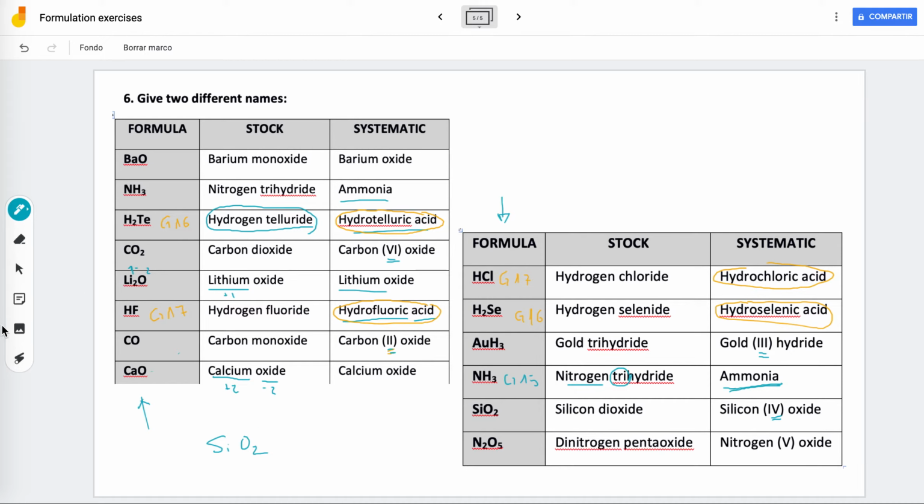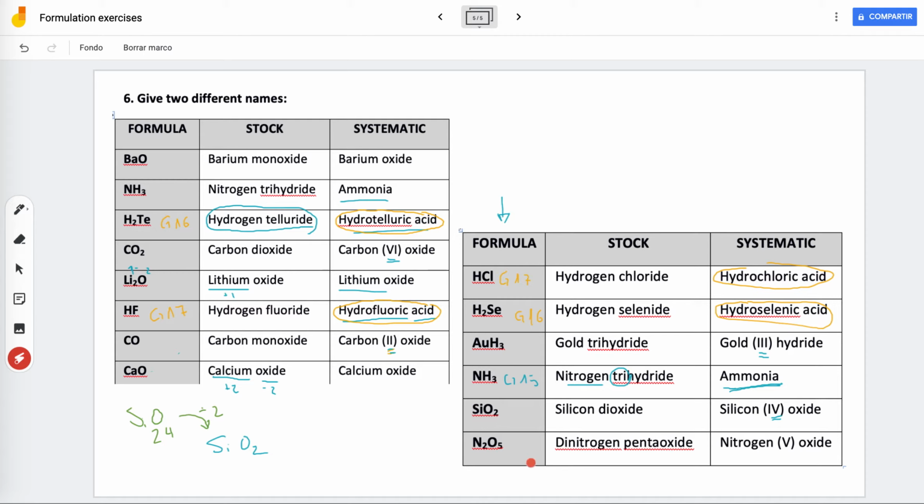Because it comes from the other compound, silicon oxide, but in this case it is a 4 and a 2, and what happens, we divide it by 2. 2 between 2 is 1, we don't write it, and then 4 between 2 is 2. So it's what we have here.